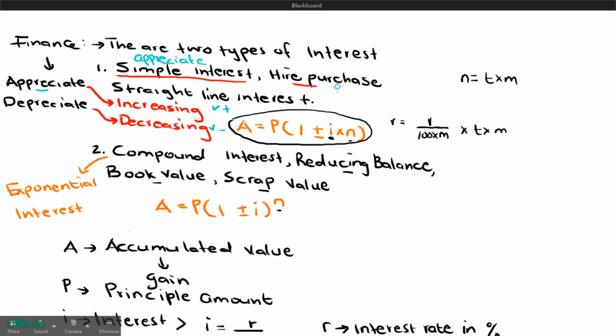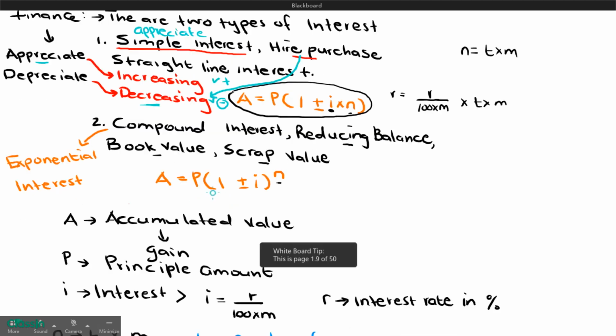If you see the word hire purchase, it is the same as depreciate. It means that the value is going to decrease. Therefore, the formula will be negative, not positive.